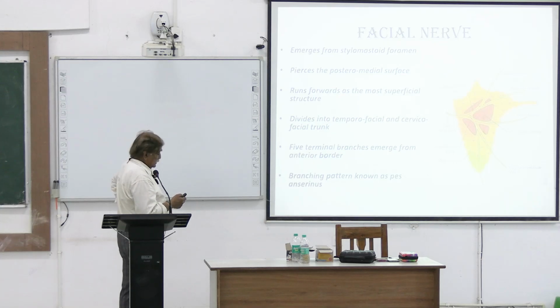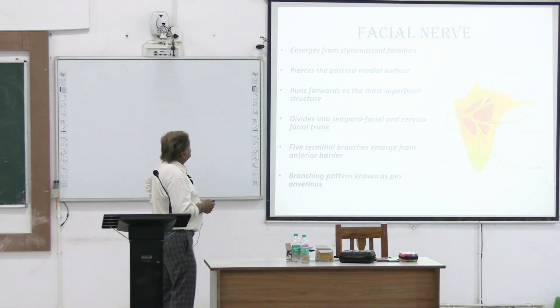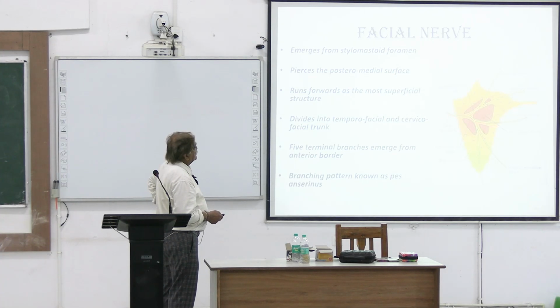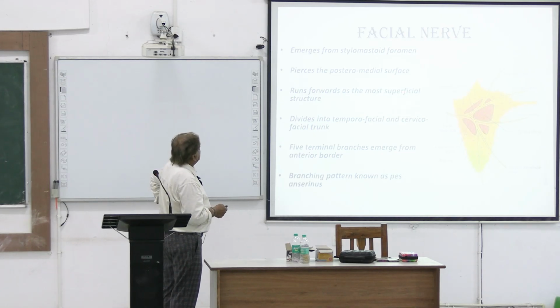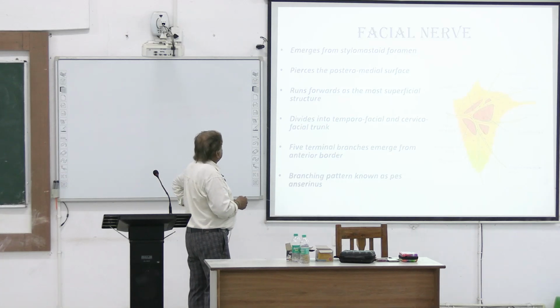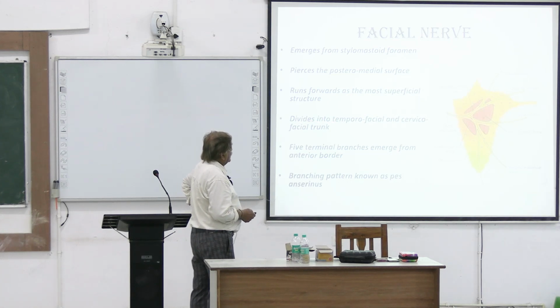Facial nerve emerges from the stylomastoid foramen, pierces the posteromedial surface, the facial nerve trunk, the branches. It runs forward as the most superficial structure and divides into temporofacial and cervicofacial trunks.